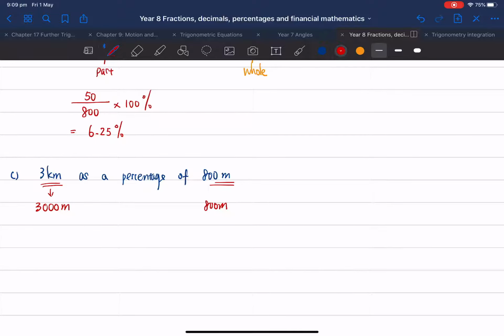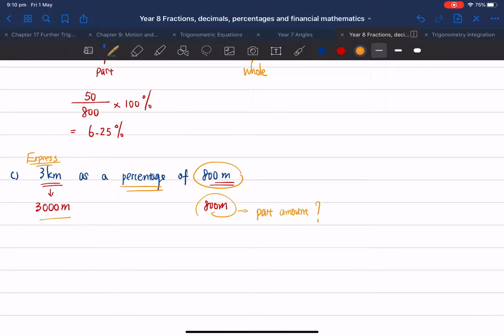So they will treat this one as the part amount, and then they will treat this 3,000 as the whole amount, which is not true in this case because the question asks you to express 3 kilometers as a percentage of this total amount. All right, so you are going to get a number that's greater than 100% for sure.